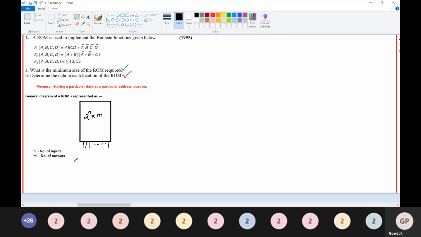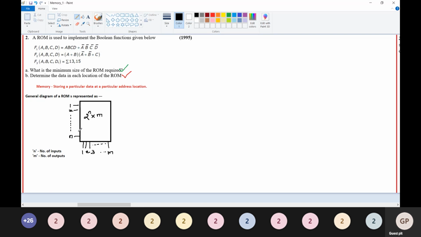Okay. So 1, 2, 3, so on till m. So in order, 2 power n is nothing but your memory location, where n is the number of inputs. So the number of inputs is 1, 2, so on till n.